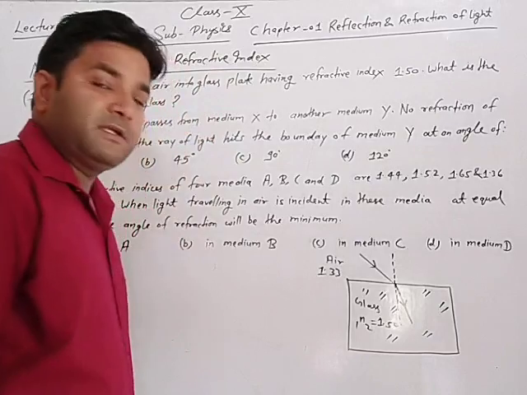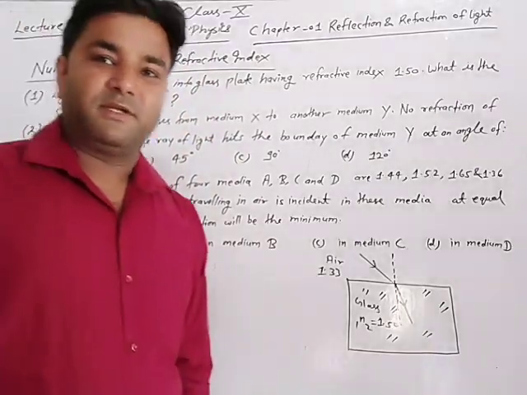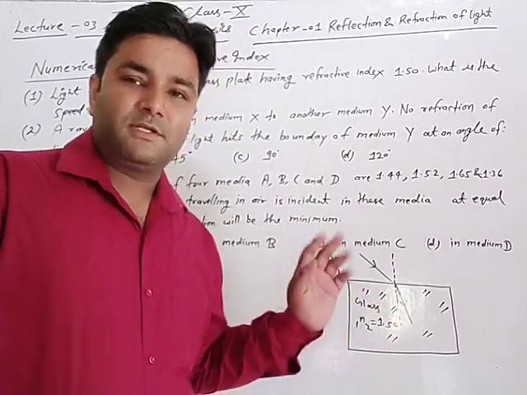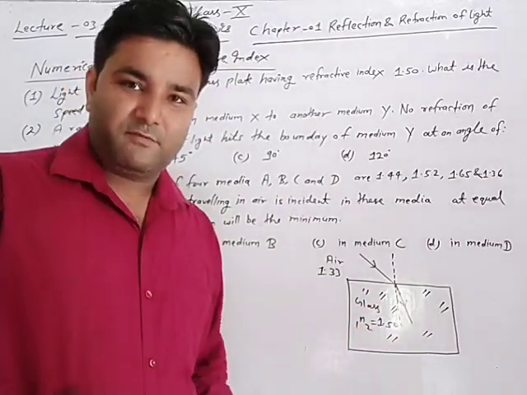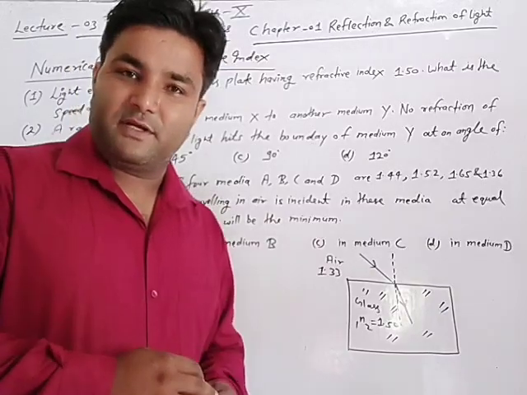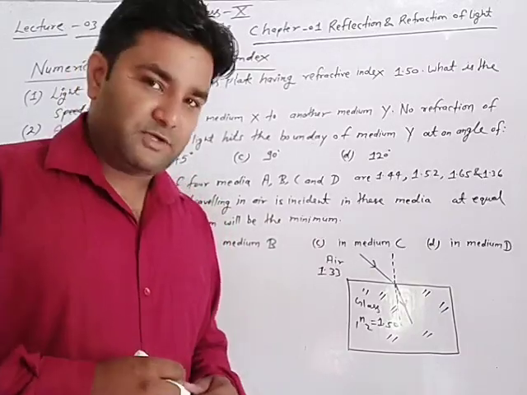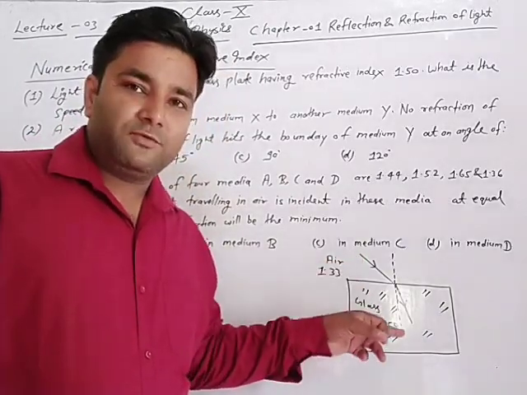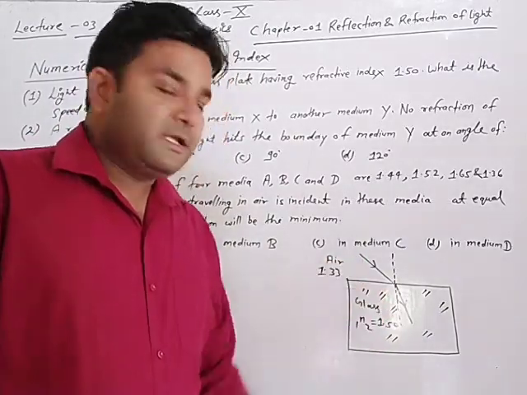We know that when light rays come from rarer to denser medium, then after refraction they bend towards the normal. And just opposite of this, when the light rays come from denser and enter into rarer medium, then they bend away from the normal. These two concepts are very important. So here, coming from the rarer medium and entering the denser medium, that's why it bends towards the normal.